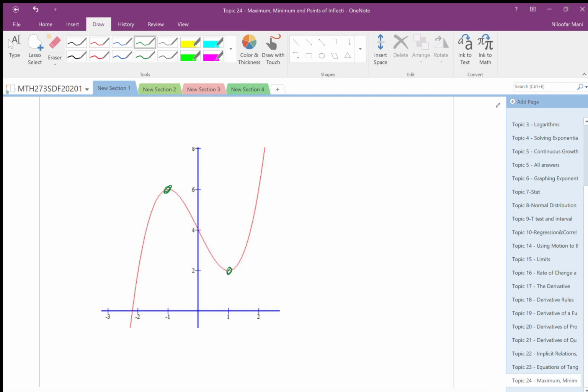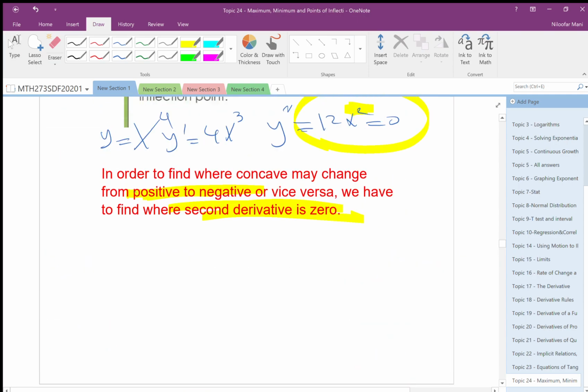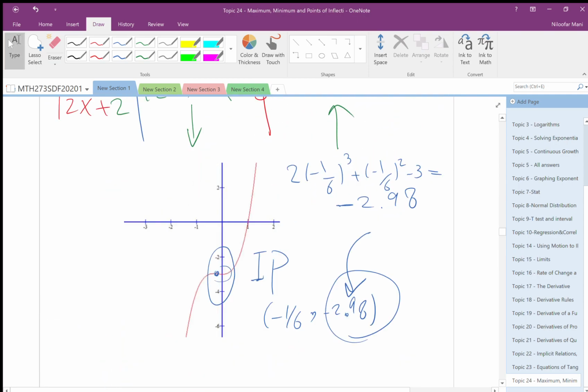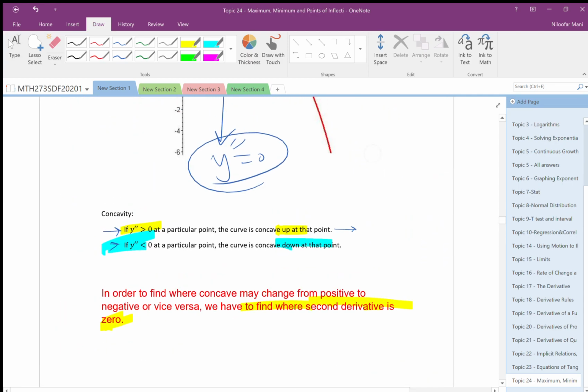These are critical points, and here is the point of inflection, where concavity changes. See, concave is down and goes up. So yes, here I have to write points of inflection like that. Points of inflection. And I can also show it here.